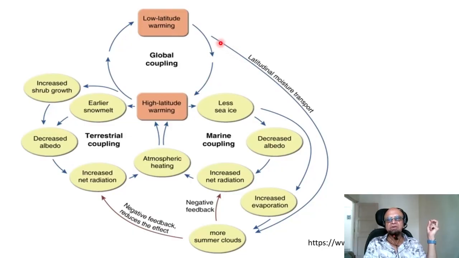The moisture travels from latitude to latitude, albedo changes, and of course there is atmospheric heating happening, and heating expands from low latitudes to high latitudes. We call it the tropics expanding, which means hurricanes can go further and further to higher latitudes instead of just in the low latitudes.